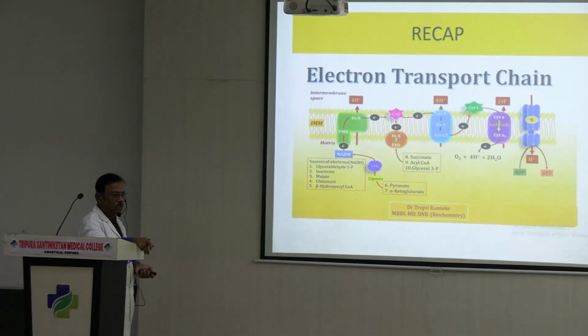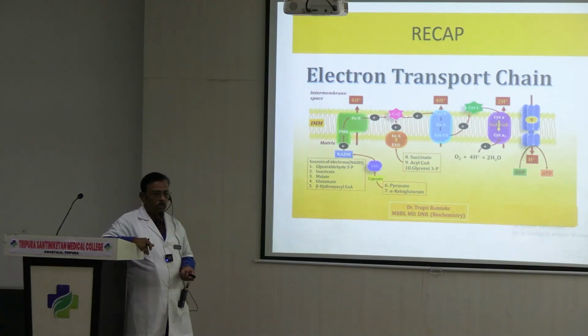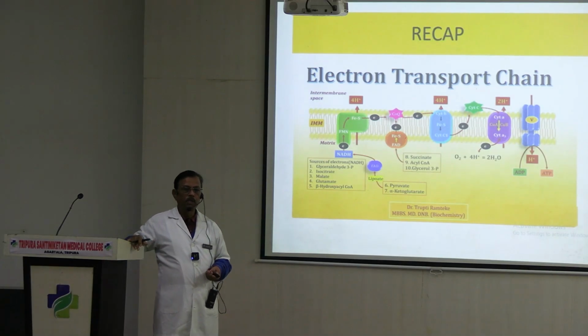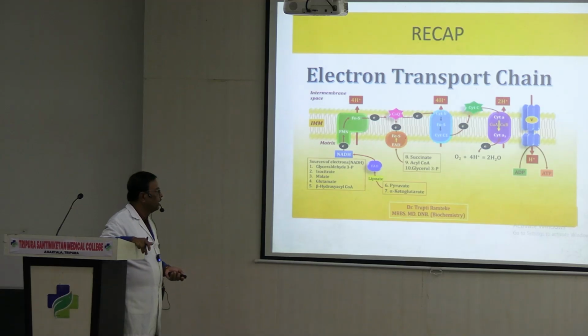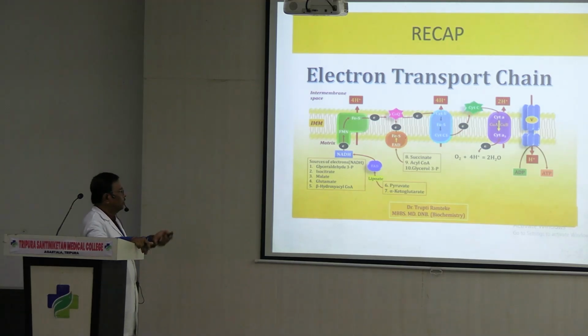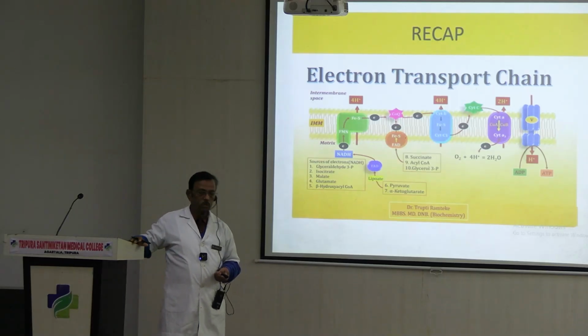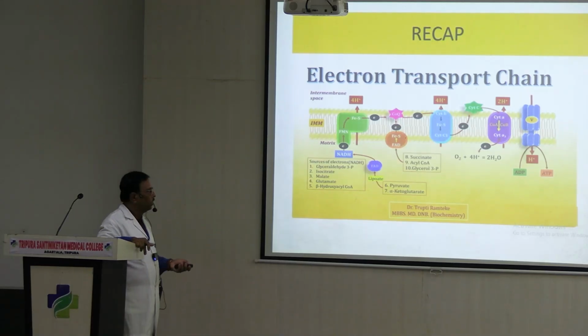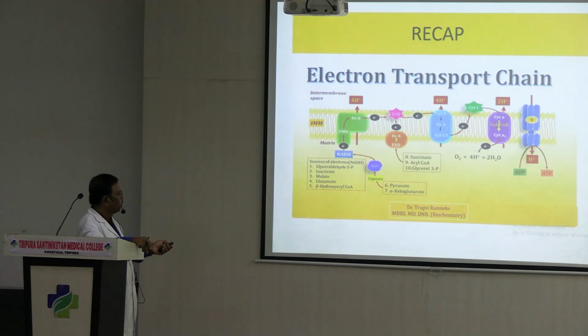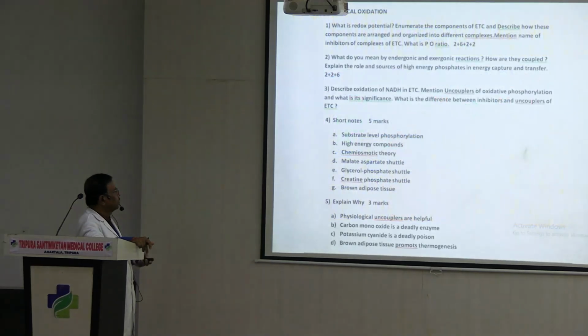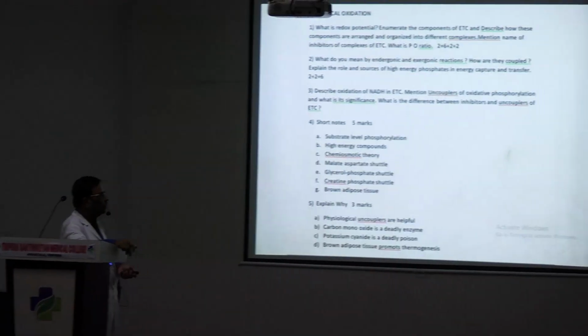This ATP needs to be translocated out of the mitochondria by the ATP-ADP translocase. Electron transport and phosphorylation go on in a coupled manner. These are the questions that are frequently given in the university examination.